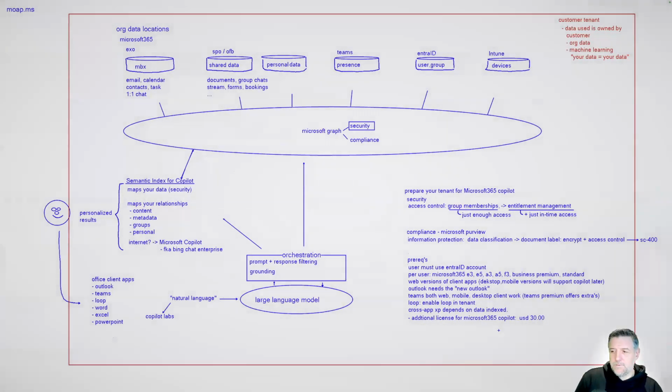Now, many people when I talk about Microsoft 365 and Copilot say, "Hey, but $30, that's quite a lot of money for Copilot, right? That's quite a bit of money per user, so that's a lot of people, a lot of money."